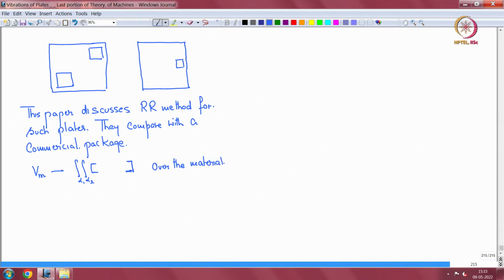That means you set your limits on alpha 1, alpha 2 such that the voids are avoided. Similarly, in computation of the kinetic energy function, you take the limits in alpha 1, because these are rectangular plates and rectangular cutouts. You take limits in alpha 1, alpha 2 such that you avoid the voids.